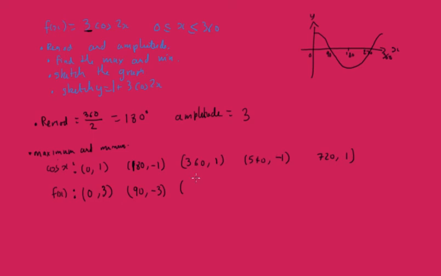And for this one, half of 360 is 180, and that's going to be positive 3. Then it will be 270, minus 3 and 360, plus 3. So we can use this information now to draw our graph.